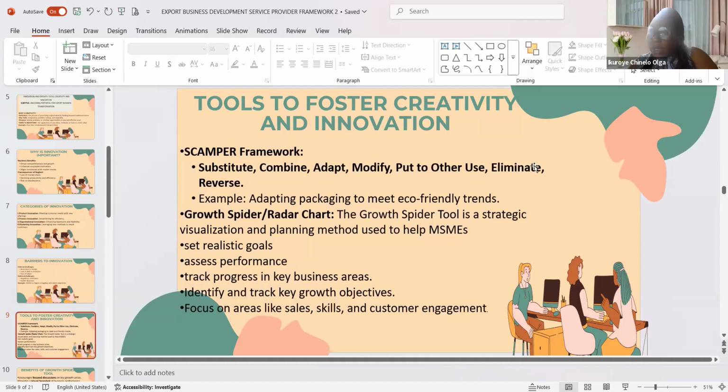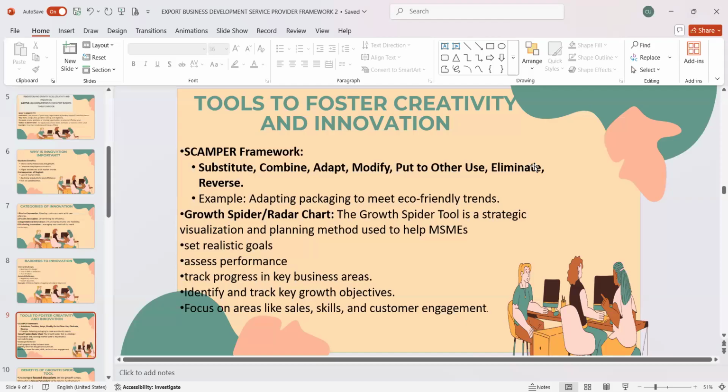So it's a brainstorming tool that helps you think critically and creatively about how you need to improve your products and services. For example, you can substitute traditional packaging materials with biodegradable options to make your products eco-friendly and aligned with current trends in the market.